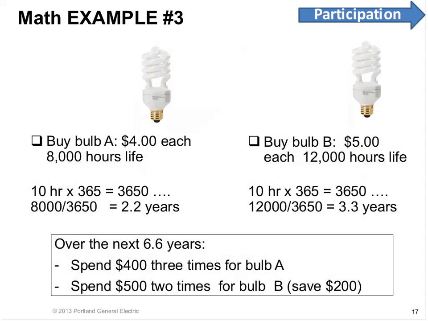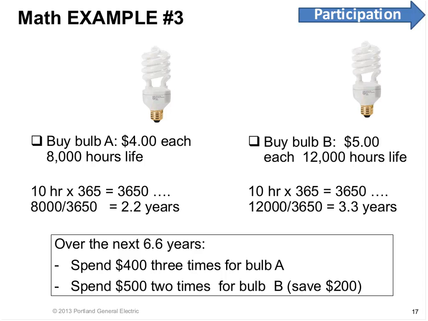In my math, there's a couple different ways. Buy a bulb at $4 with 8,000 hours of life. It turns out that at 10 hours a day for 365 days a year, you would be using this bulb 3,650 hours a year. If it lasts 8,000 hours, in other words, this bulb is going to be there on average 2.2 years. If you buy the other bulb, it's going to last for 3.3 years because it has a longer life.